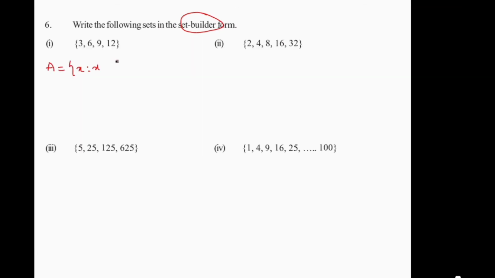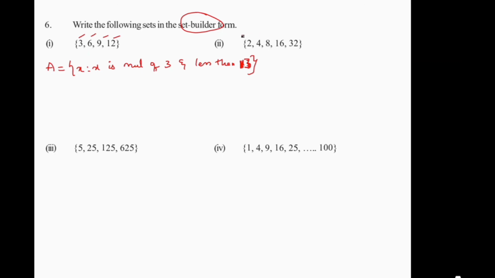So I can write this as {x : x is a multiple of 3 and less than 13}, right? 3, 6, 9, 12. Very good. This is your 13.